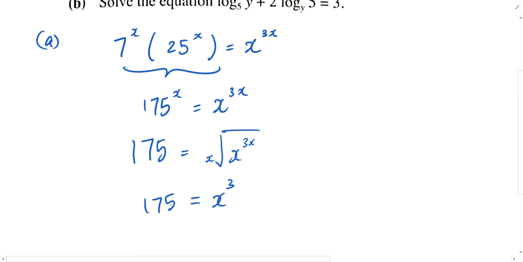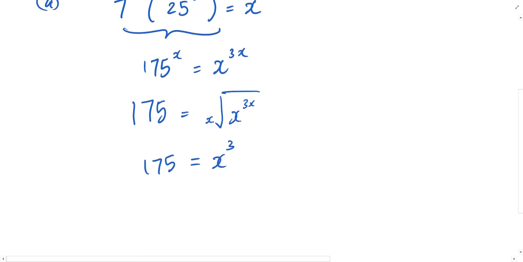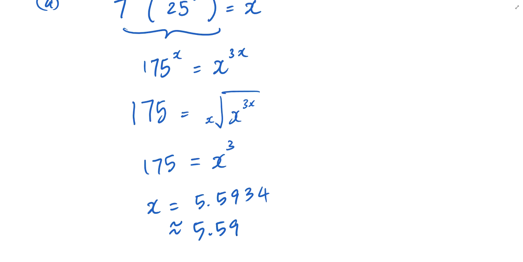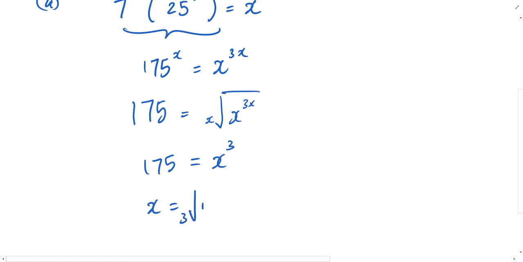Okay. And then? Cube root both sides to get x. 5.5934. So round off, how many? 3SF. So 5.59. Okay. Yes? Oh yeah. So it should be cube root of 175. Okay, this one is acceptable.